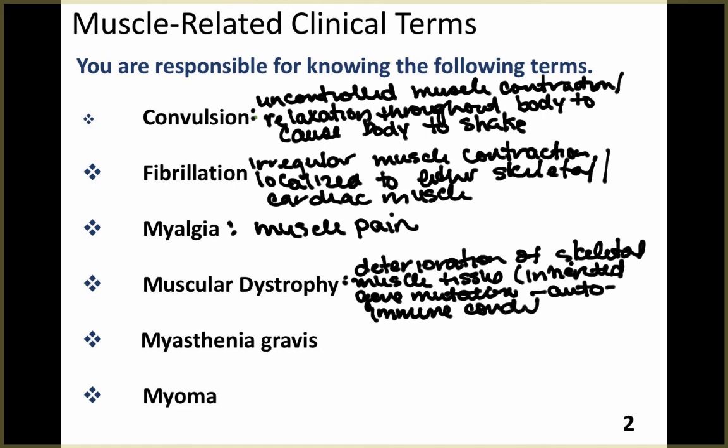Autoimmune condition. A lot of diseases in this group have unknown causes. Myasthenia gravis is an autoimmune disease, where the body attacks acetylcholine receptors.